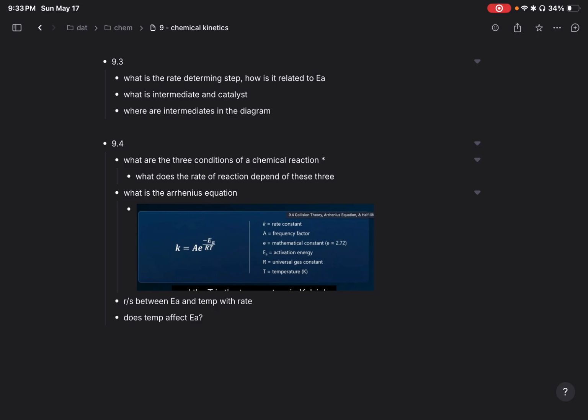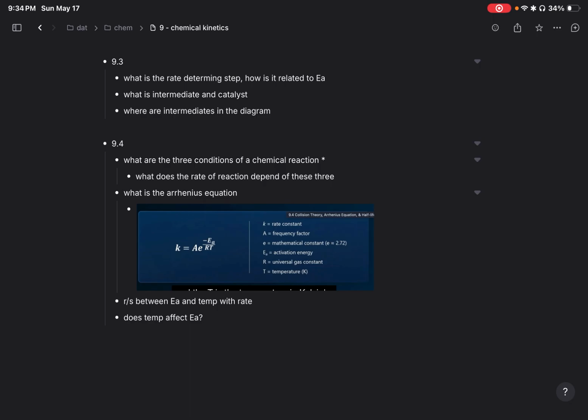Okay, so I think it's going to be the colliding. It depends on how fast they collide. That's the only thing that makes sense. Okay, so the 3 things are that they must collide, they must have sufficient energy, like EA must be overcome, and they have to have proper orientation. So the rate of the reaction will depend on how many of these collisions occur.